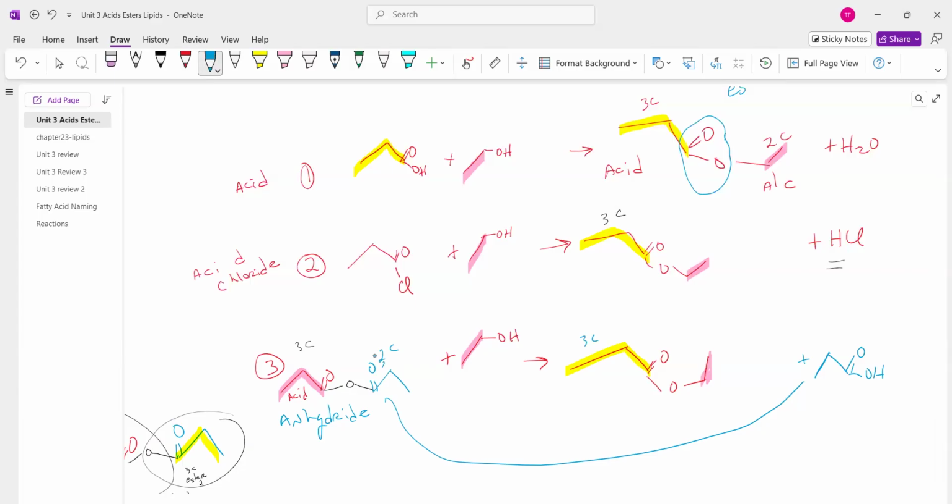No, it's 3 carbonyl. This is 2 carbon. Okay, 3 ways to make an ester.